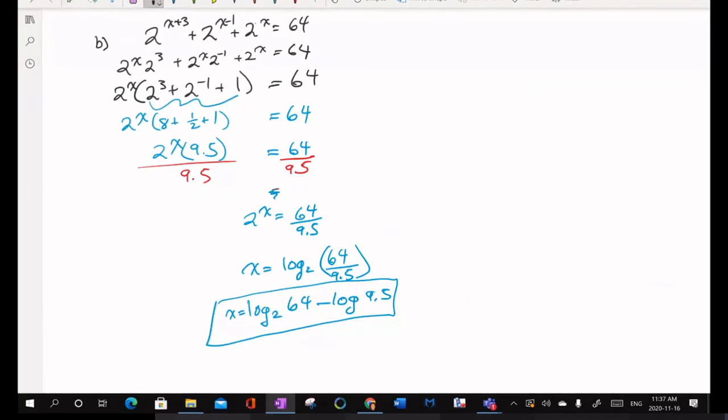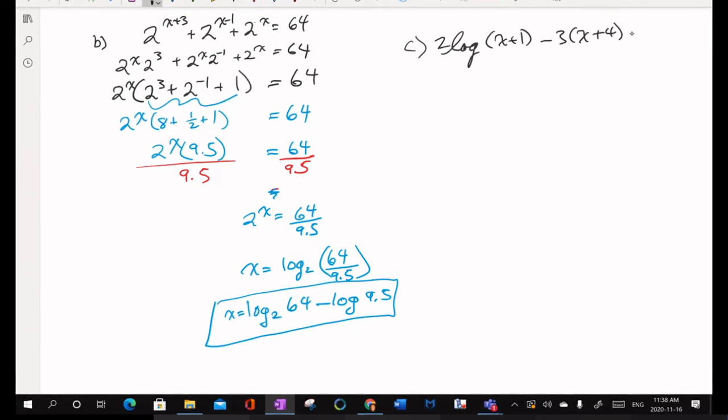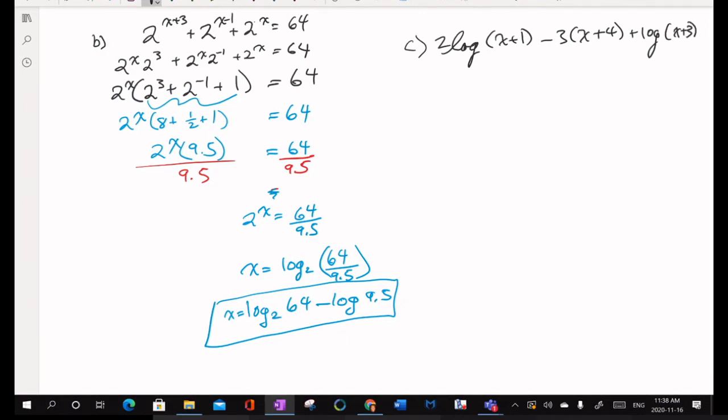Now, the last thing that I want you to recall is this. Let's say that I give you a bunch of things like this: log of 2x plus 1, minus log of 3x plus 4, plus log of x plus 3.